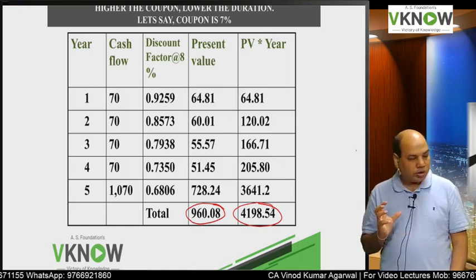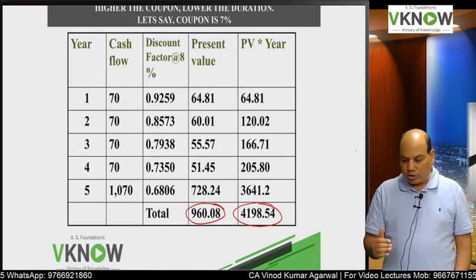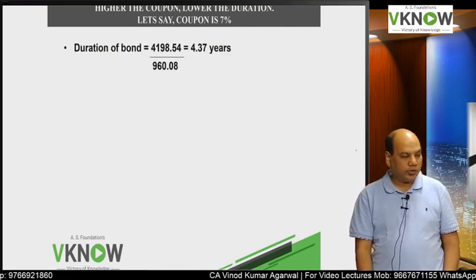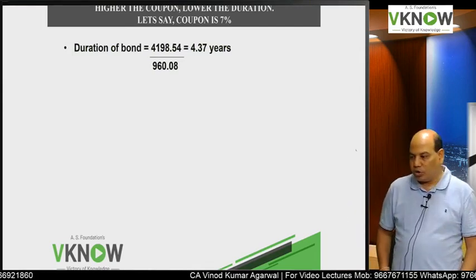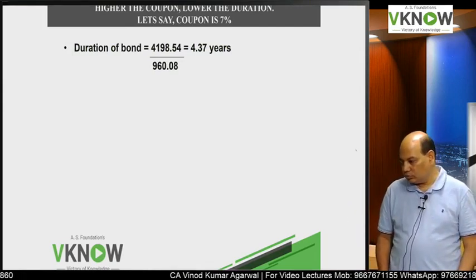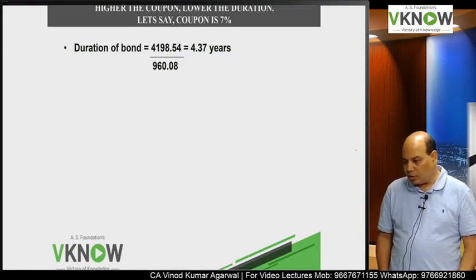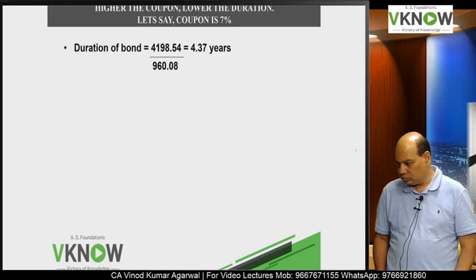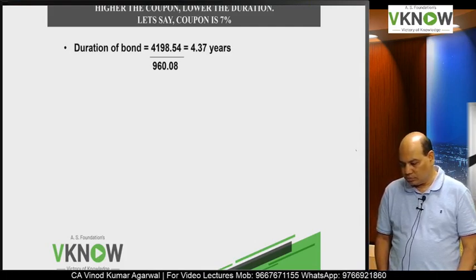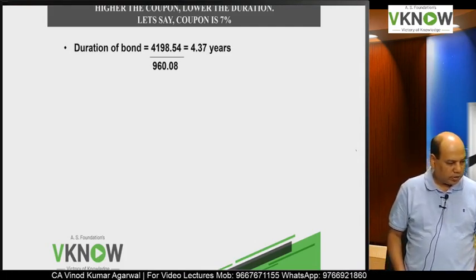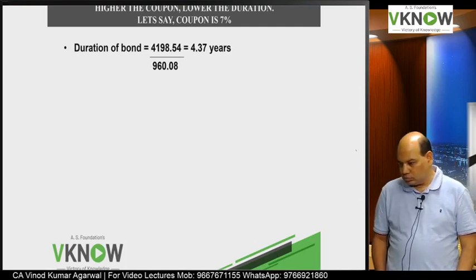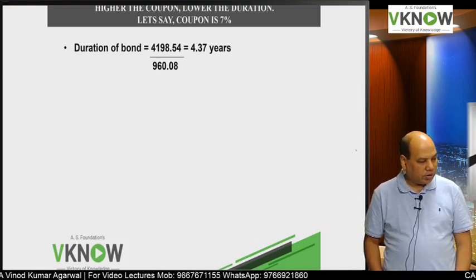So what will be the duration of this bond? Write down below: duration of bond is equal to 4198.54 divided by 960.08, which is 4.37 years.